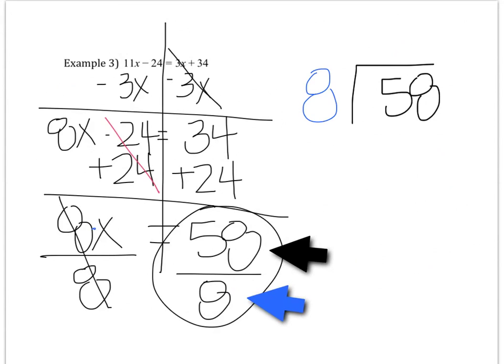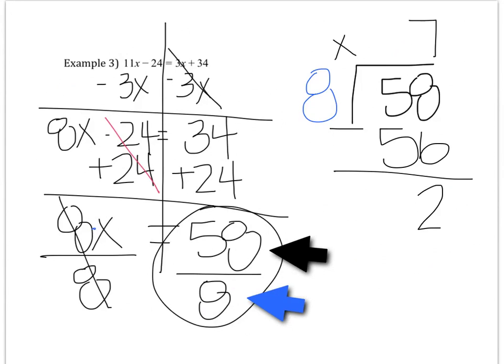Remember, for long division, you have to divide first. 8 goes into 58 7 times. My next step, I need to multiply. 8 times 7 gives me 56. My next step, I need to subtract. I'm left with 2. I need to check, is 2 smaller than 8? Yes. Next, I technically would bring down, but remember, if we're looking to get a mixed fraction, I do want to have a remainder there.